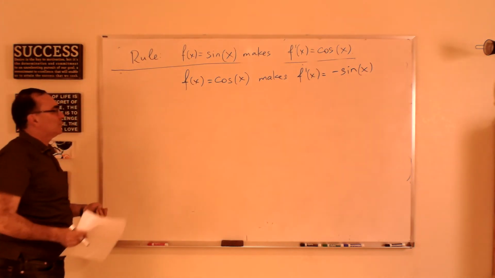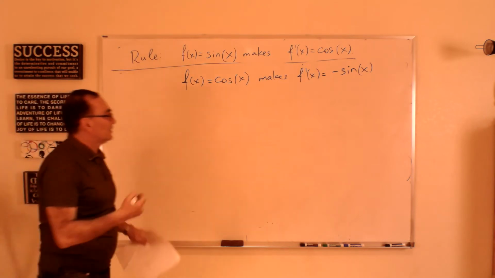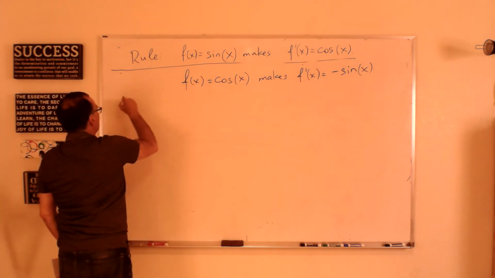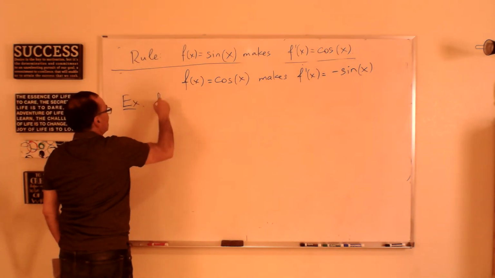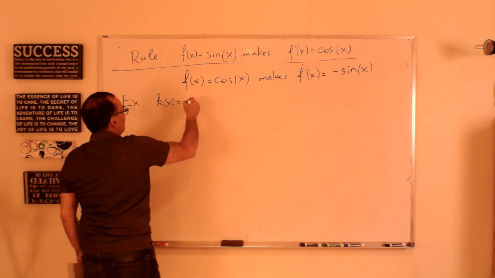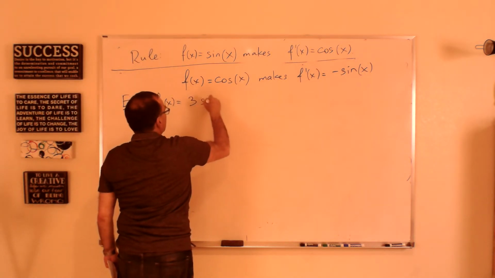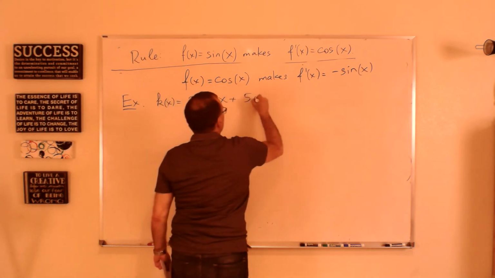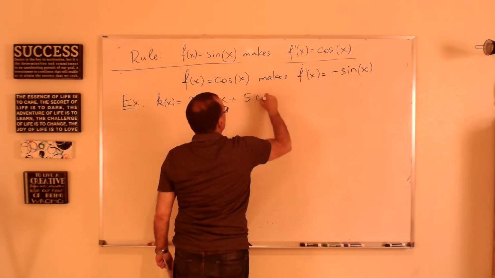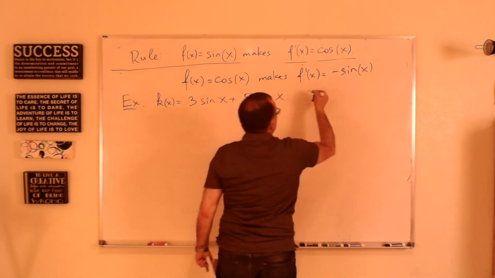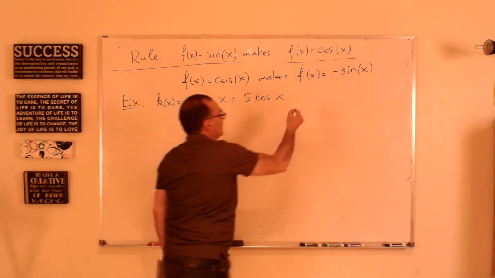Now, what kind of problems can you expect on a test using this? For example, let's say that k of x equals 3 sine x plus 5 cosine x. And then find the derivative.